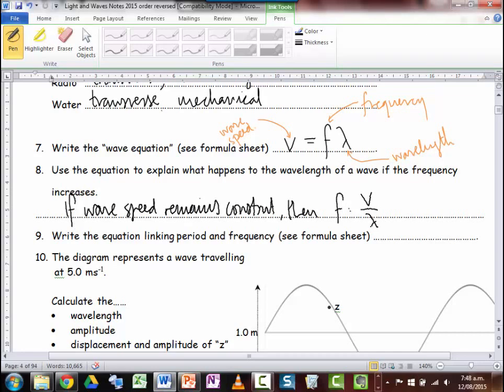Or actually what I really want is to rearrange it for wavelength, because that's what we're interested in. So lambda is equal to v over f, which means that if we increase the frequency, which is in the denominator here, and v stays the same, then lambda gets smaller. So as f increases, lambda decreases.